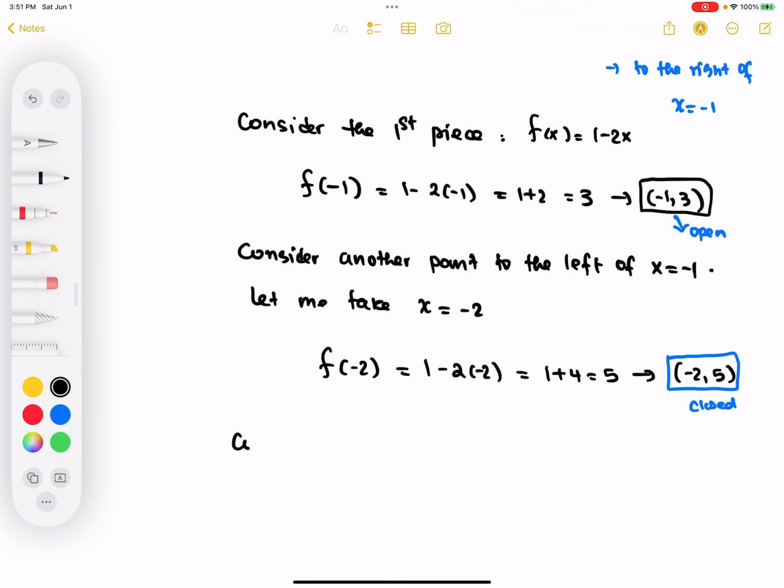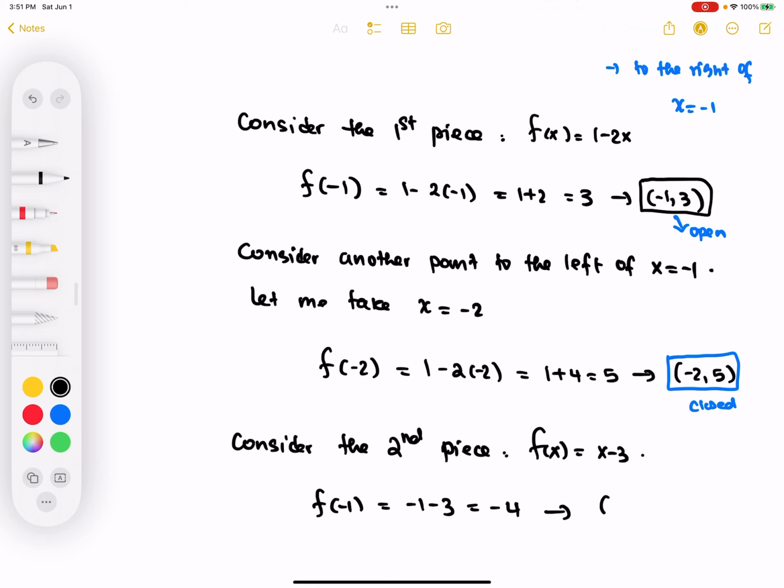Then consider the second piece, which is f of x equal to x minus 3. Then evaluate at negative 1, so negative 1 minus 3, which is negative 4. So the ordered pair is when x is negative 1 and y becomes negative 4.